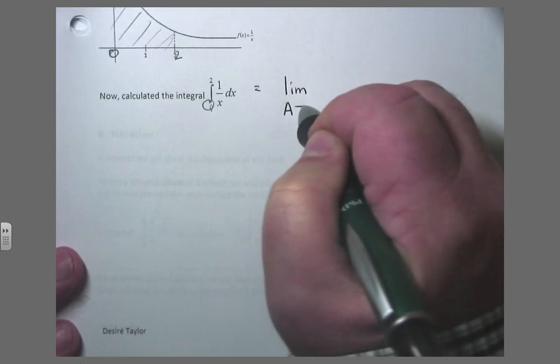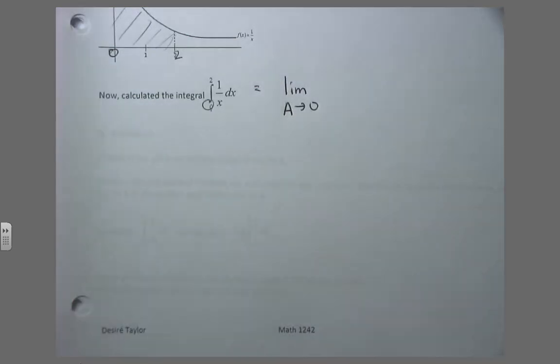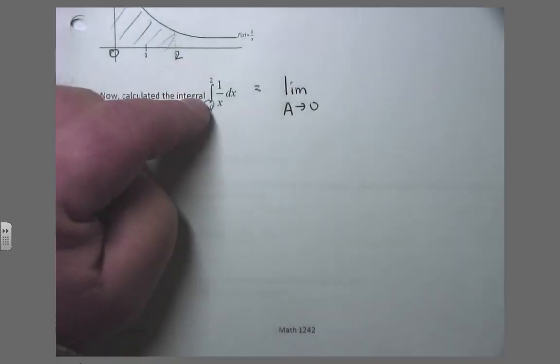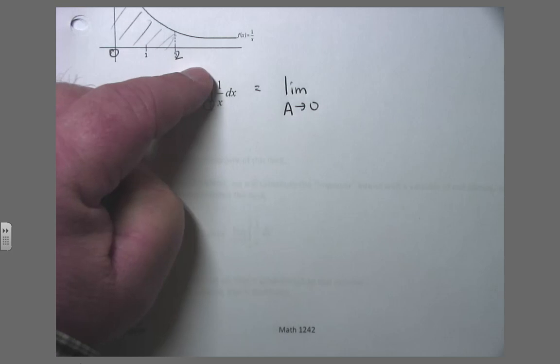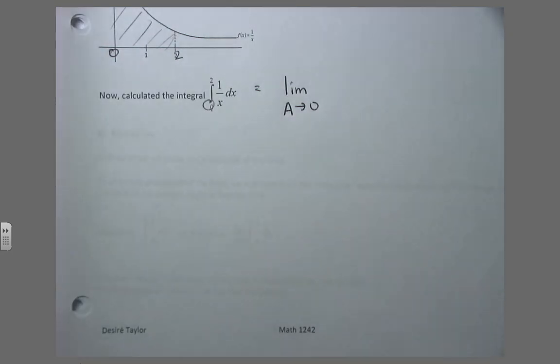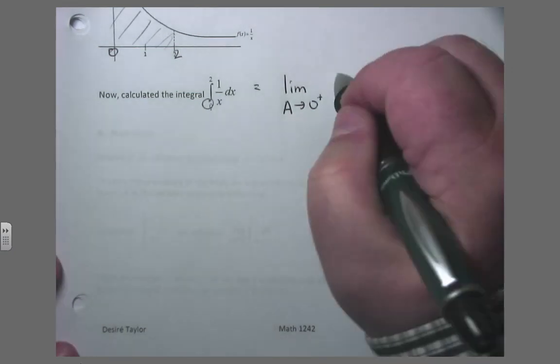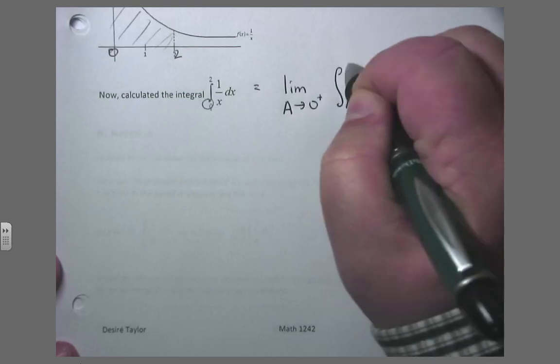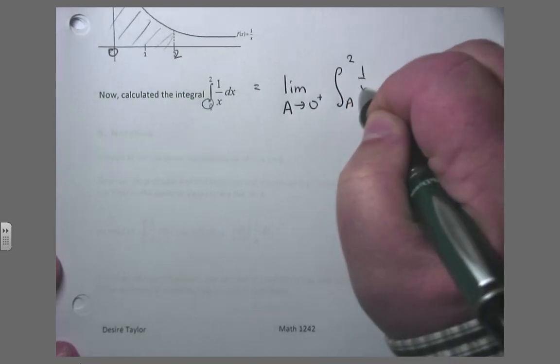Take the limit as a approaches 0, but you're integrating from 0 up to 2, so you're on the positive side of 0. You can't quite plug in the number, so you do a limit as you approach that number. Take the limit as a approaches 0 from the plus side of the integral from a to 2 of 1 over x dx.